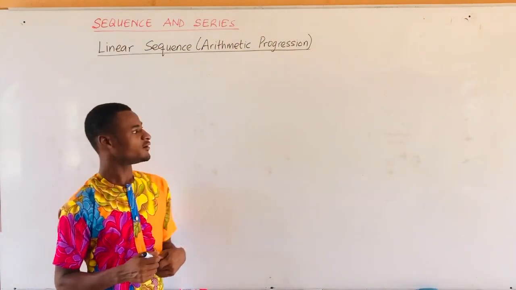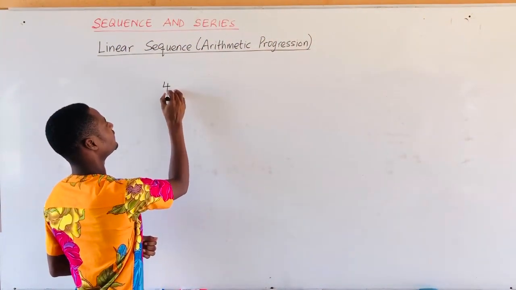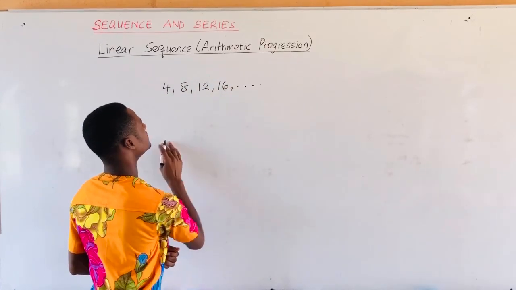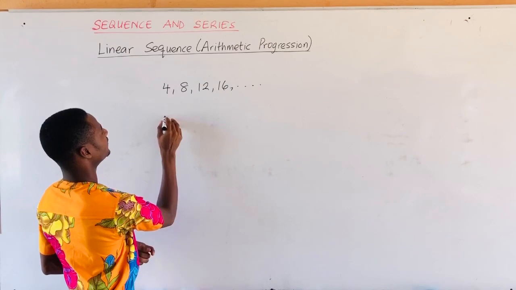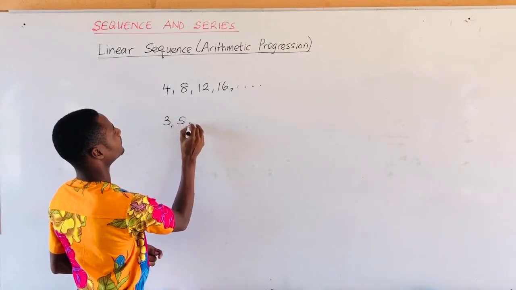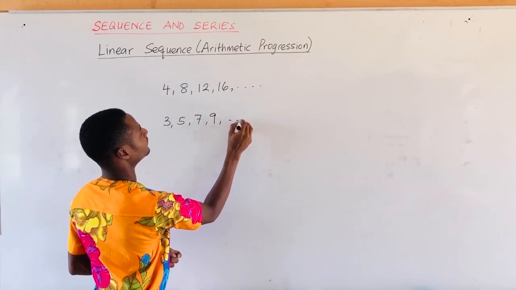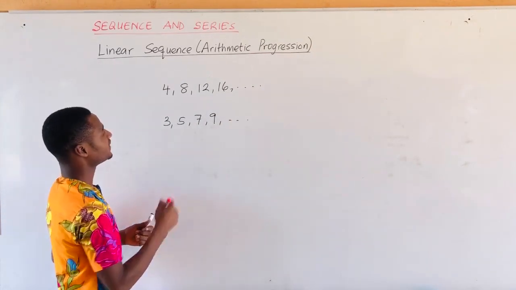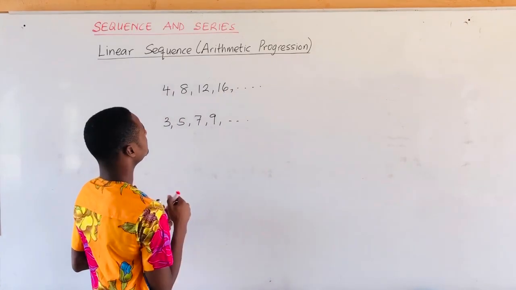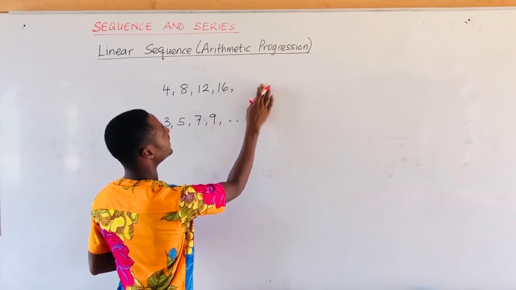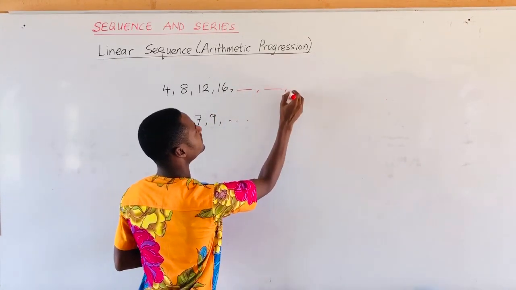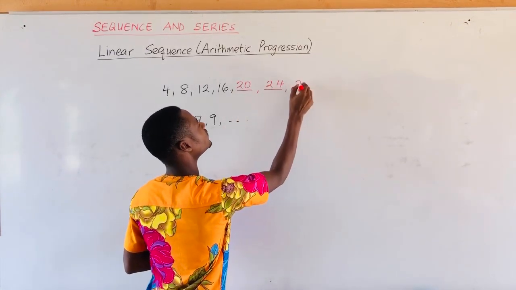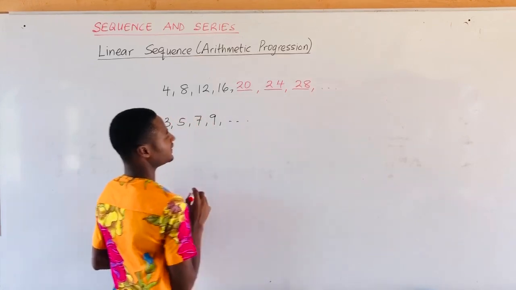Given the set of numbers 4, 8, 12, 16, and so on, and another set of numbers, it will be identified that in the first set of numbers, the next three terms will be 20, 24, 28, and that follows.